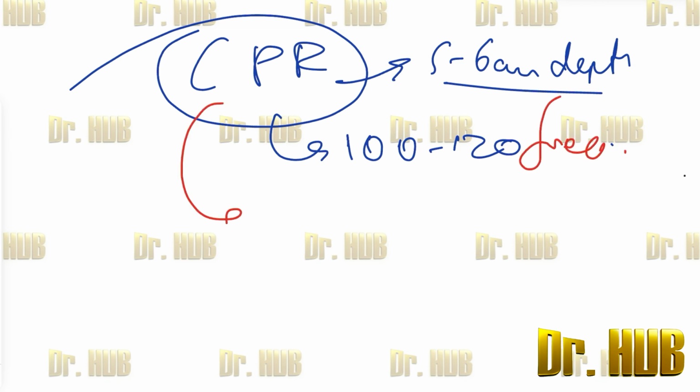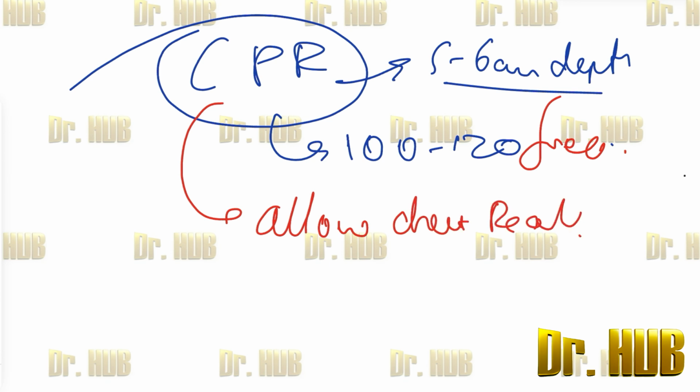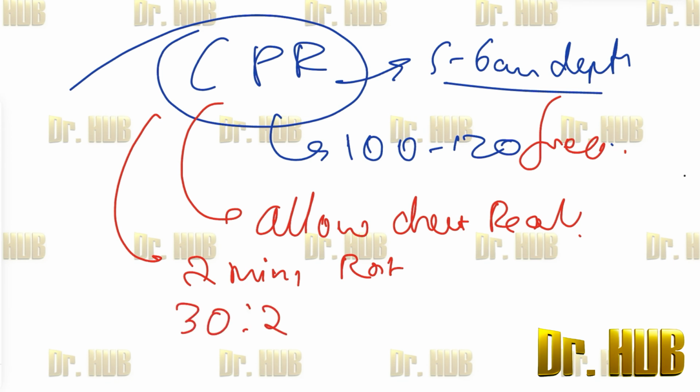Next is allow complete chest recoil. Next is avoid excess ventilation and rotate the compressor every 2 minutes. If no advanced airway, use a 30 to 2 compression ventilation ratio.